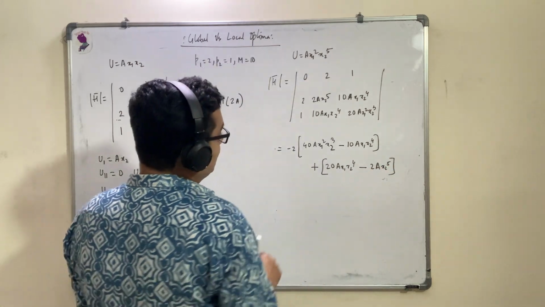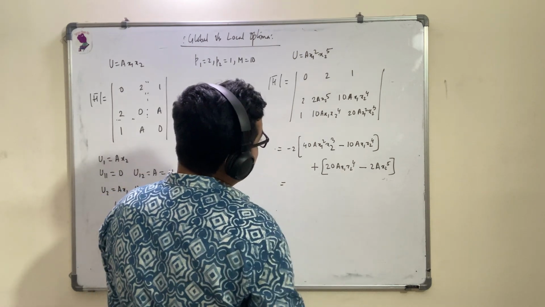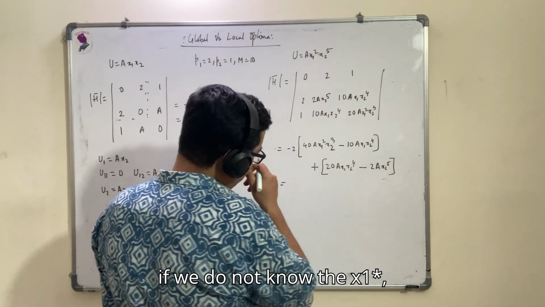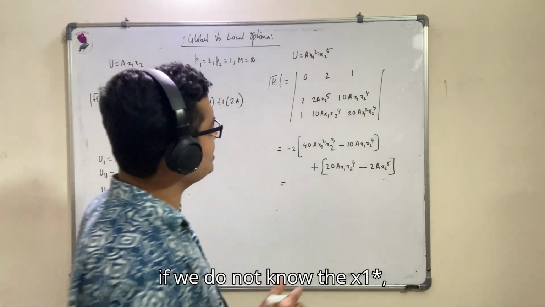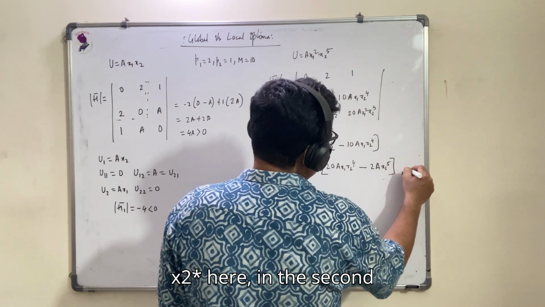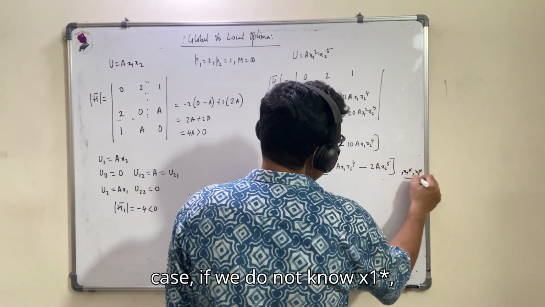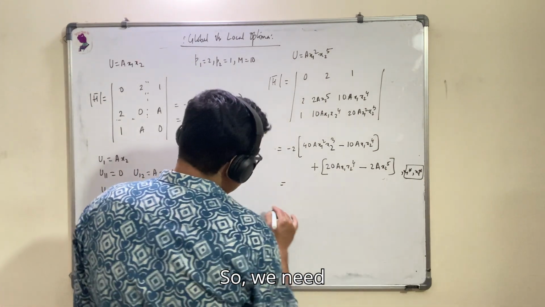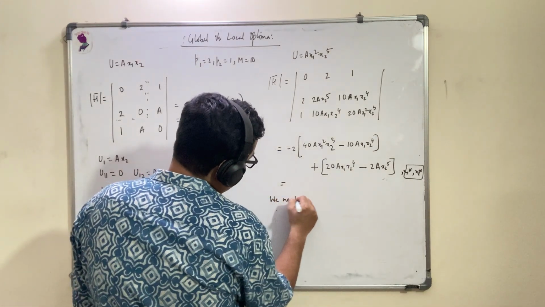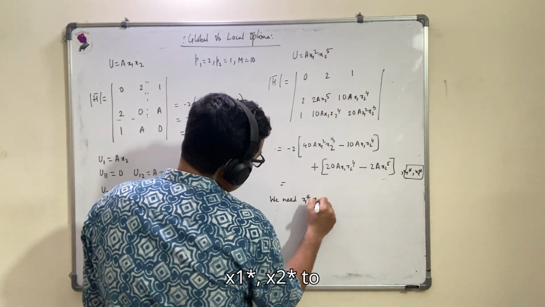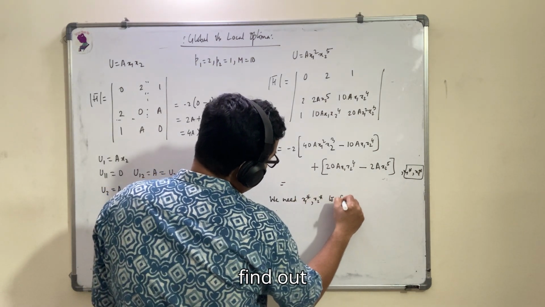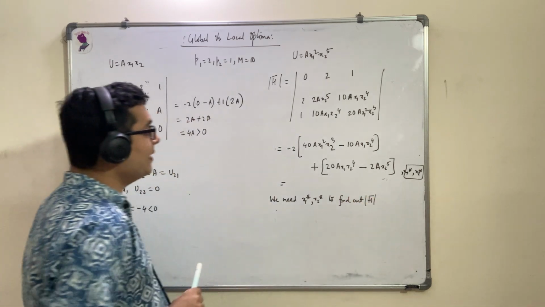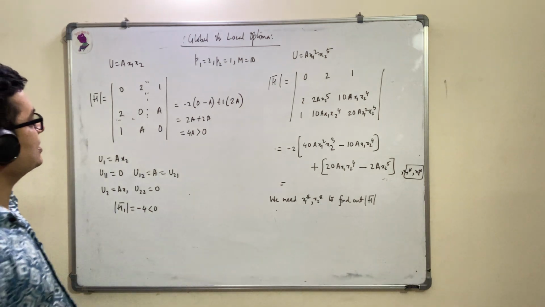Okay. So technically speaking, if we do not know x1 star, x2 star here in the second case, we cannot comment on this value. So we need x1 star, x2 star to find out H, and this is what creates the difference.